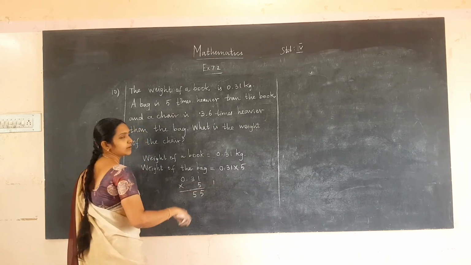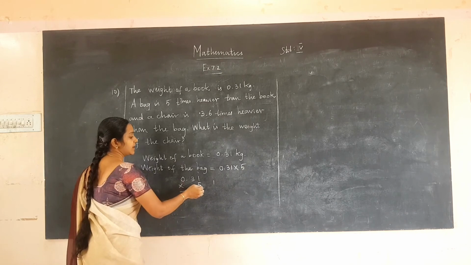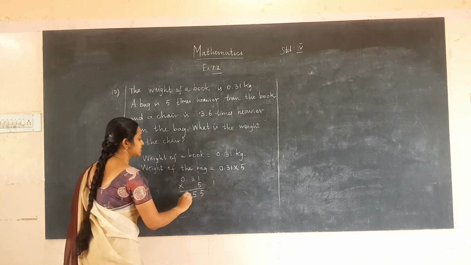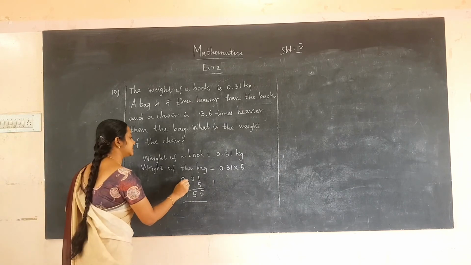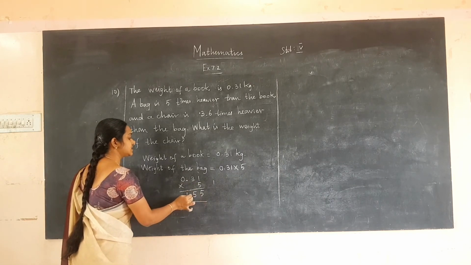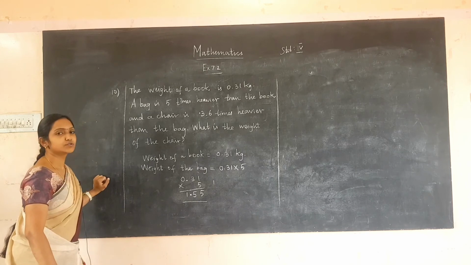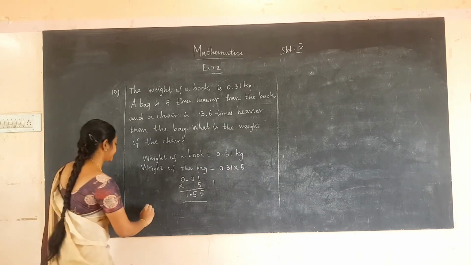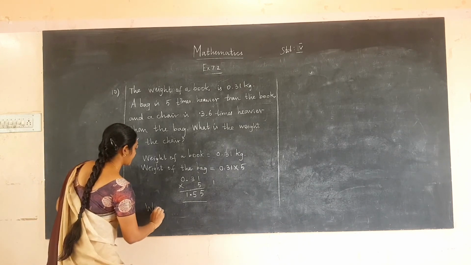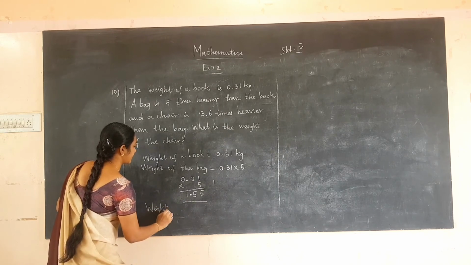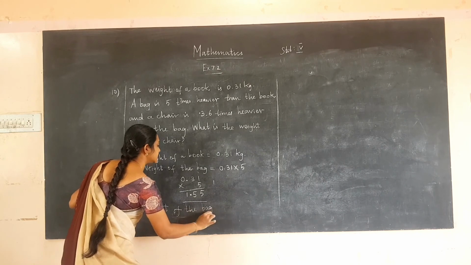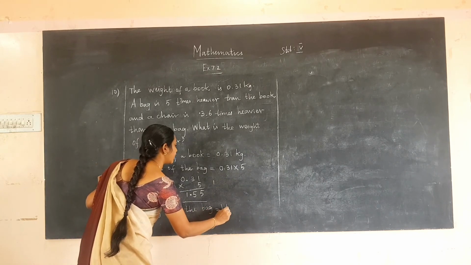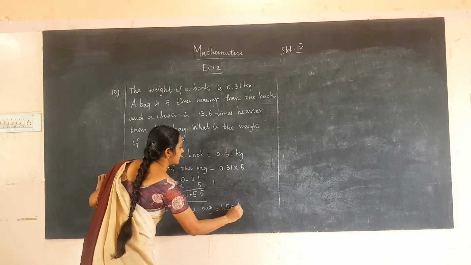So write 5 here and 1 is remaining. 0 into 5 is 0. 0 plus 1 is 1. We have to keep the decimal point before 2 places. So it is 1.55. Weight of the bag is 1.55 kg.